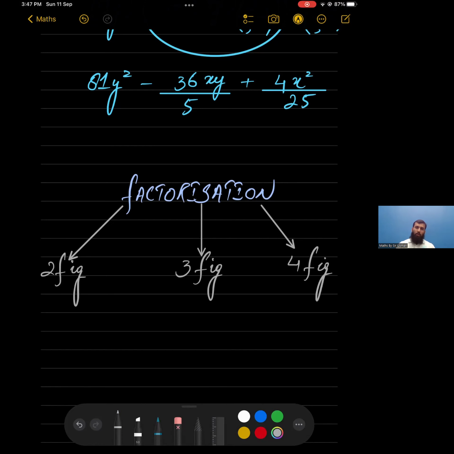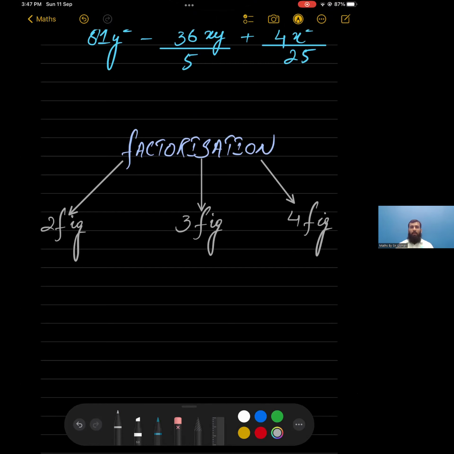Now, usually the most difficult one and the most common one is this. The 4 figures one is the easiest and it is not usually assessed. Sometimes questions from it come, but generally they don't since it is very easy.